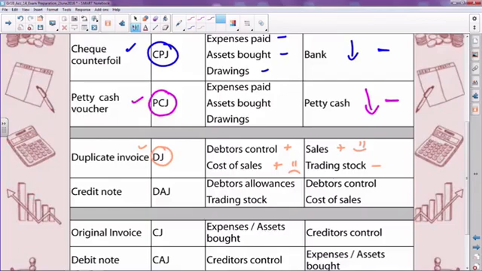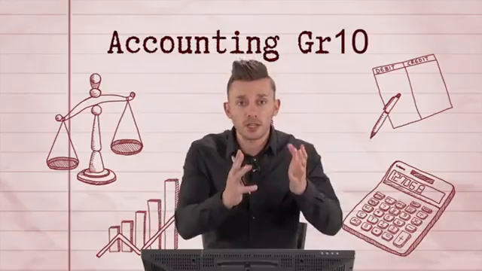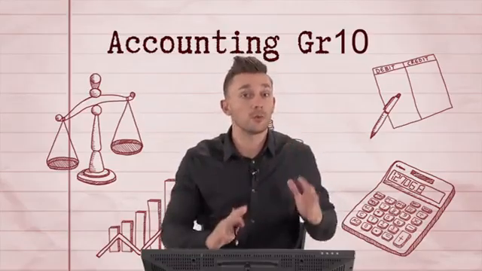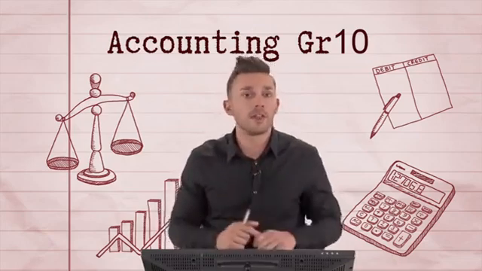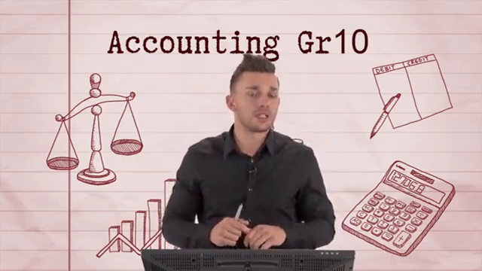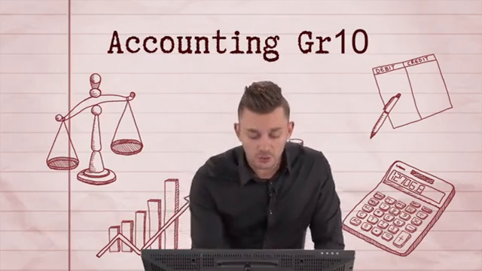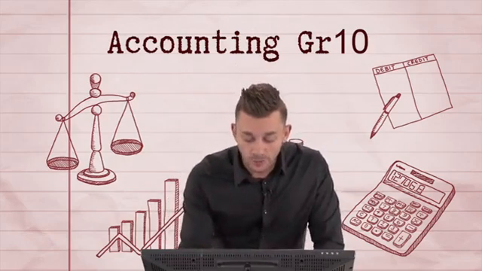Let's go look at your DAJ now, your debtors allowance journal. And when do I use this journal? This is when the debtor returns goods to us. So they return goods, they didn't buy from us anymore. We want to create a separate account called debtors allowances because we want to keep track of how much stock I receive back from my debtors, and therefore I will create the debtors allowances. So the debtors allowances in your DAJ will go up on the debit.